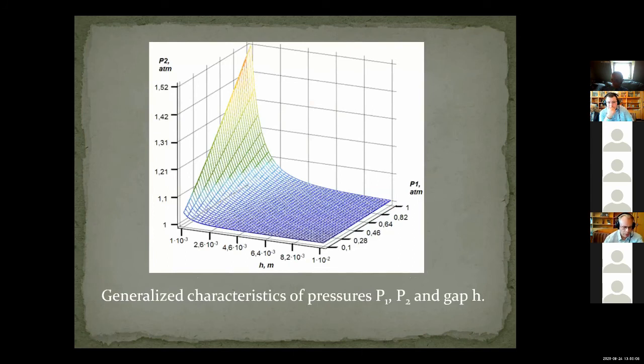This nomogram presents a generalized relationship between pressure parameters P1, P2, and gap H. The nomogram permits finding pressure values across the gap H for a given value of flow.